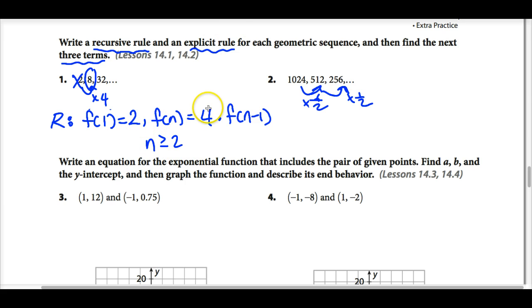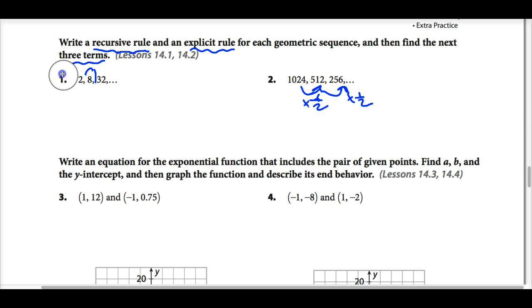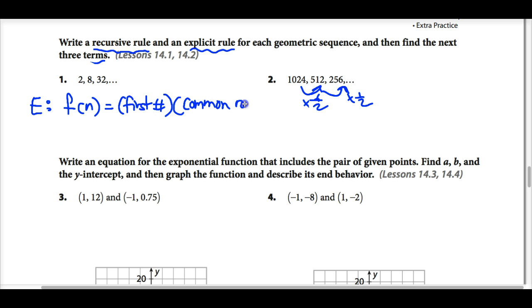What about the explicit rule? Okay, so I'm gonna have to erase this because there's obviously no space here. So let me just erase. So let's go ahead and find the explicit rule now. I said there's a formula for that. F of n is equal to the first number times the common ratio raised to the n minus 1 power.